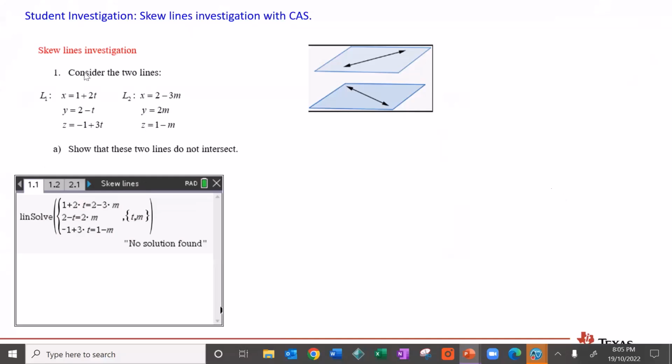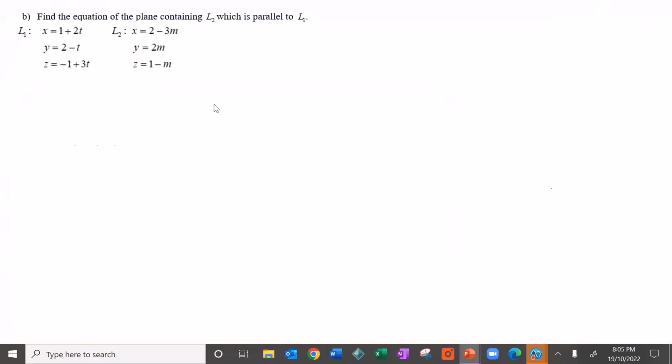So this is the first part. The second part is to find the equation of the plane containing line 2, which is parallel to line 1. So the plane will have line 2 and will be parallel to L1. Let's say the Cartesian equation of the plane is ax plus by plus cz plus d.